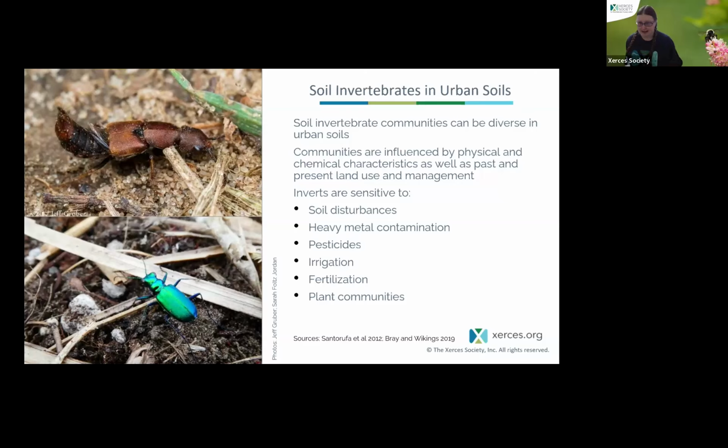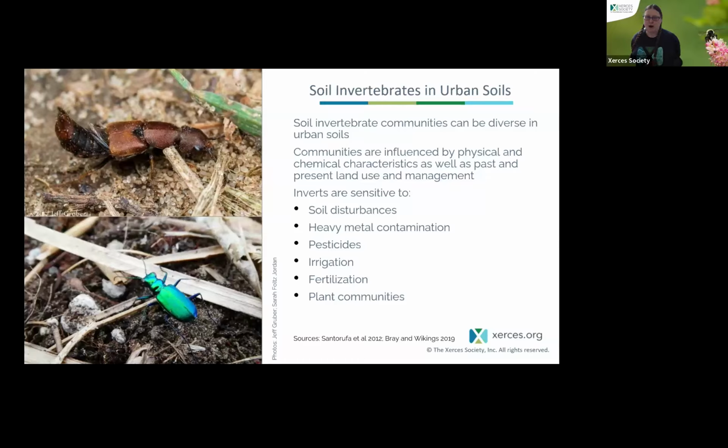And this can go for any landscape. These invertebrate communities are influenced by physical and chemical characteristics of the soil, as well as the past and present land use and management. So similar to other wildlife, other resources, the way we manage the land has an impact on these soil invertebrates and soil health.